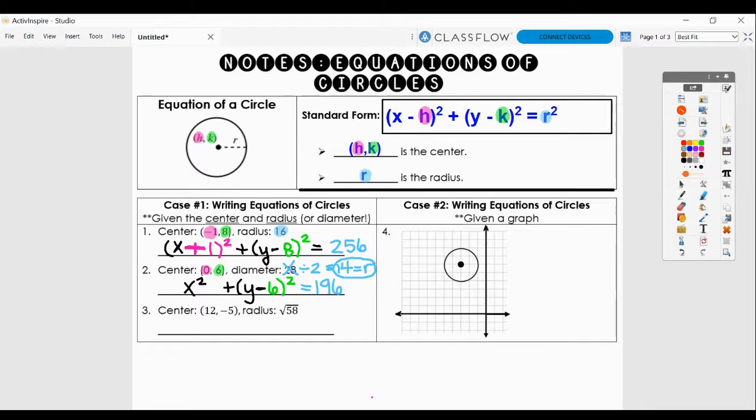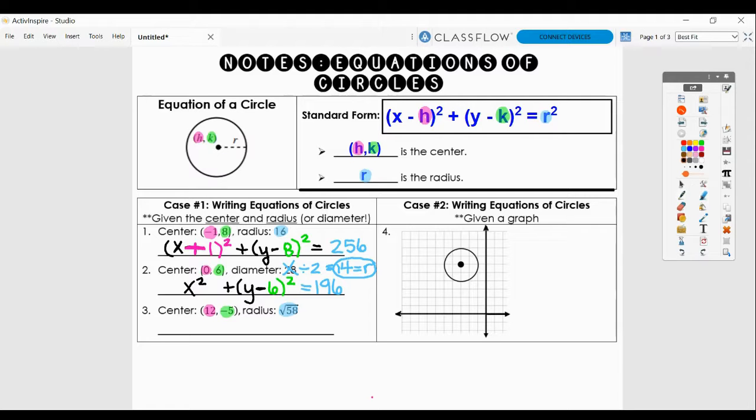Last problem, number 3 of these, we have the center at 12, -5. 12 is our h, -5 is our k. Then we have the radius, which is the square root of 58.